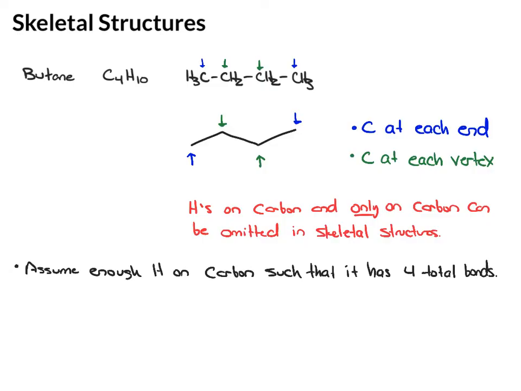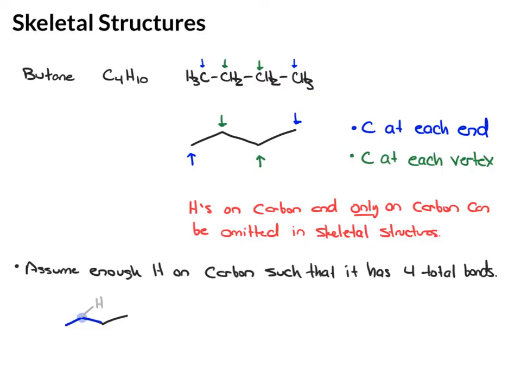So if we look at butane again, and say we're interested in this carbon. Right now, as it's written, you can see that carbon has 1 bond and a second bond, but you know the carbon needs 4 bonds. So that means there's 2 implied hydrogens.